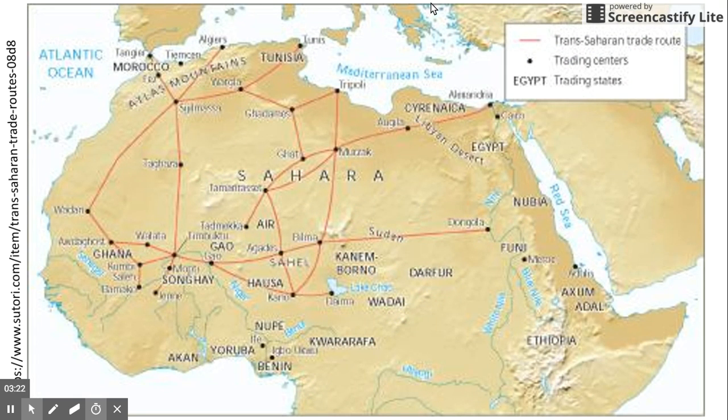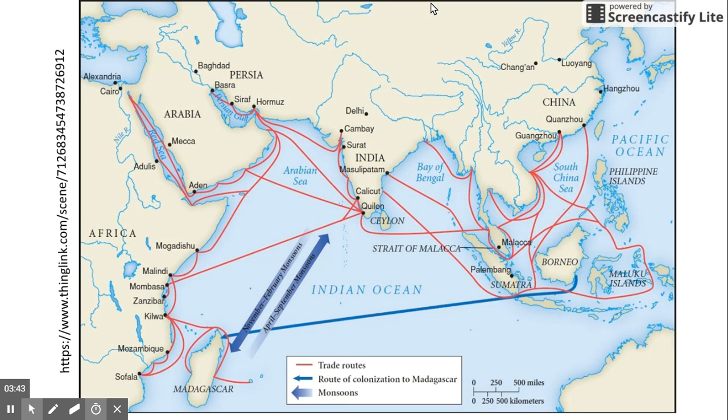Going into specific trade routes, the trans-Saharan trade route covers most of northern Africa, and it's mainly concentrated over by Ghana and Morocco and more dense areas such as that. And it travels through the Saharan Desert to get to North Africa and over by the Mediterranean Sea.